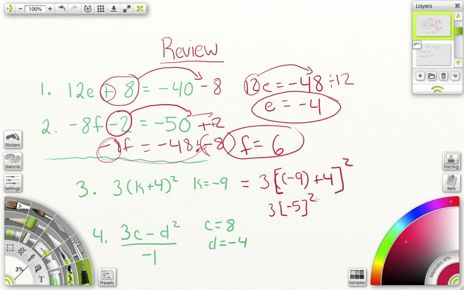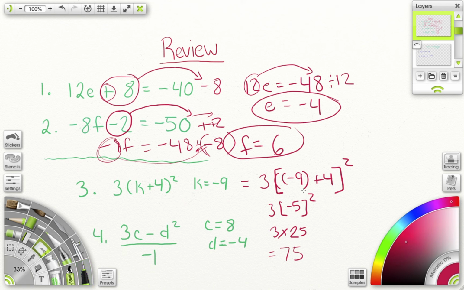So we did the bracket first, now we have to do the exponent. -5 times -5, because remember, exponent, you're multiplying it by itself. -5 times -5, when you're multiplying a negative number by itself, negative times negative equals a positive number. So it equals +25. So now I have 3 times 25. 3 times 25 gives me 75. So the answer to this expression is 75.